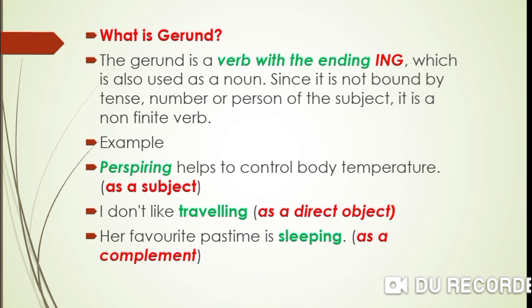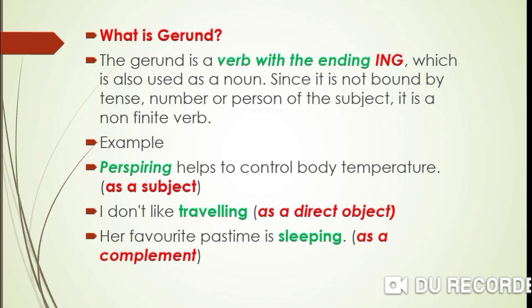So sending, going, coming, helping, these do not have any effect of number, tense, or person, and that's why they are called non-finite. Example: perspiring helps to control body temperature.